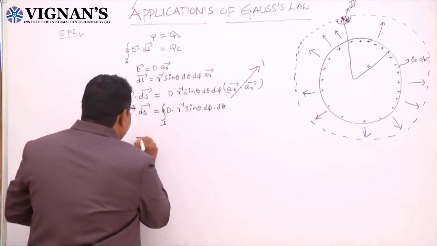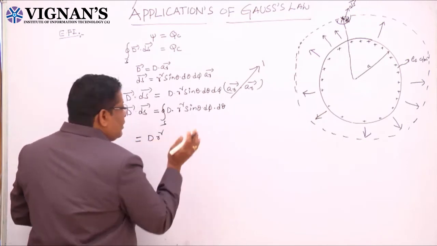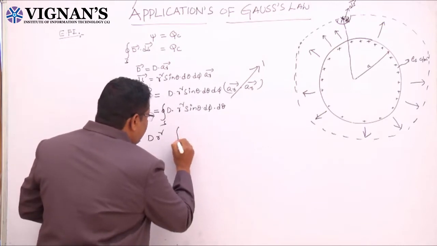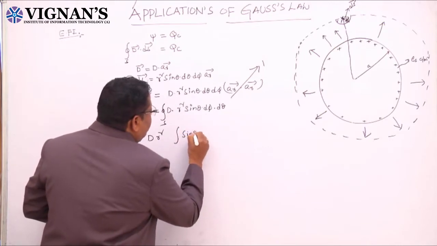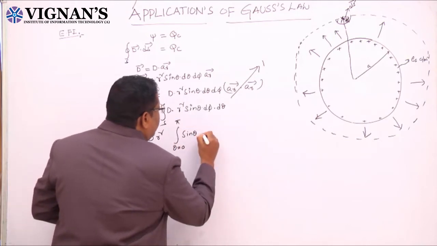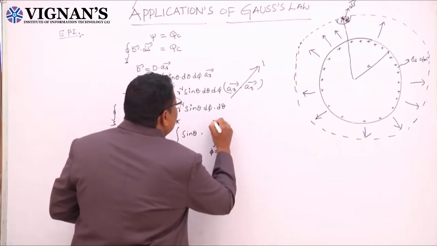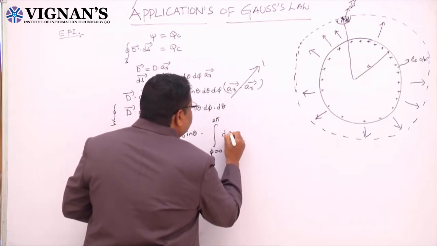Now we can write this as D r square, which is constant, take outside, integral of sin theta, theta changing from 0 to pi, times integral of phi changing from 0 to 2 pi, d phi.